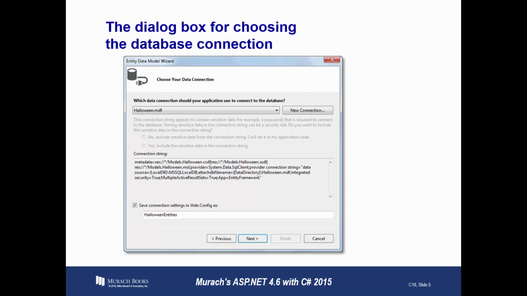If there already is one, we can select it from the drop-down list. The connection string that gets generated, that you see inside of here, includes the information that the Entity Framework needs and some other stuff too.